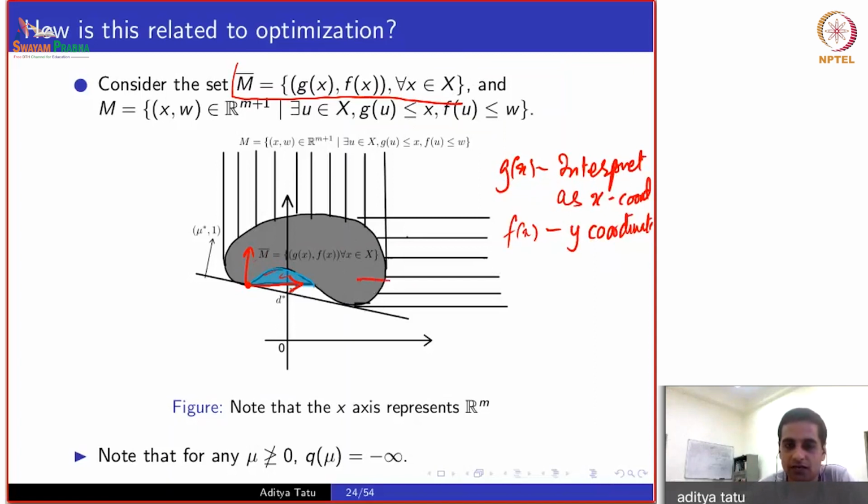Include all points to the right of this point and include all points above it and all points in this quadrant. All these points will be included in M, which is why I've drawn all these vertical and horizontal lines. Okay, so that is how we will define this set M.